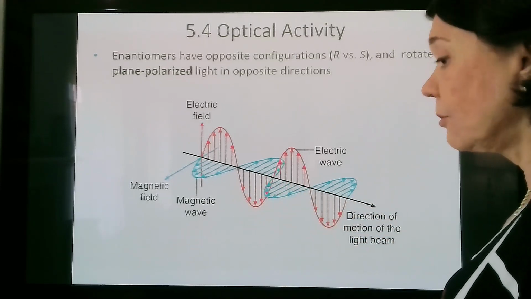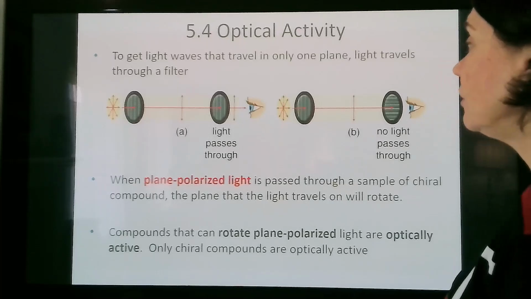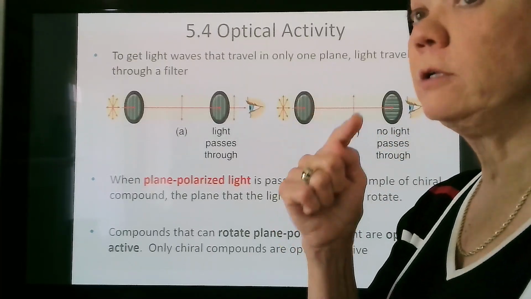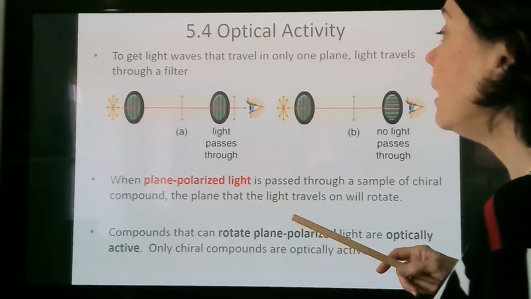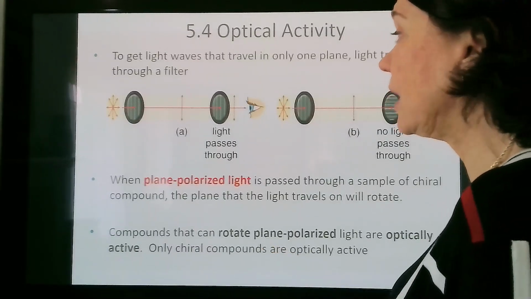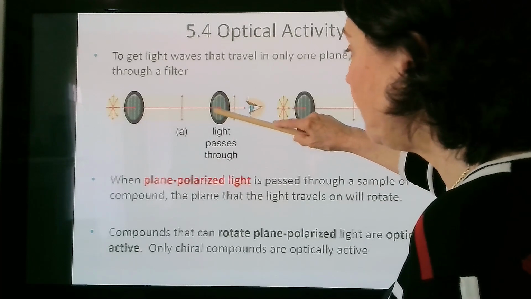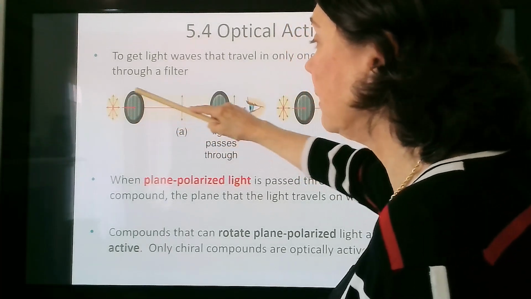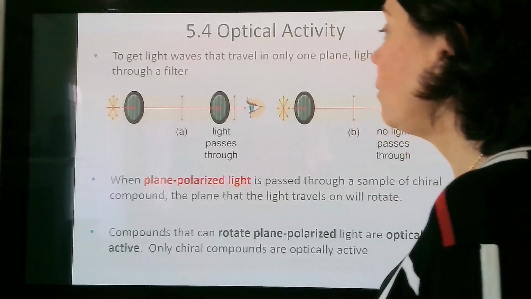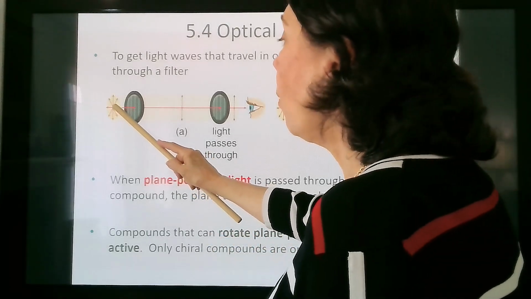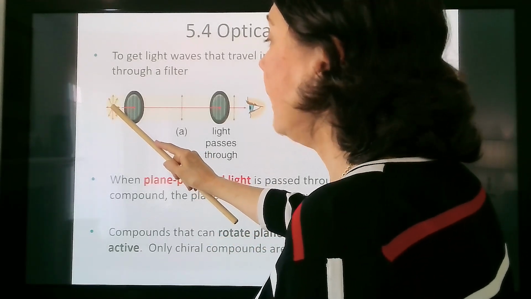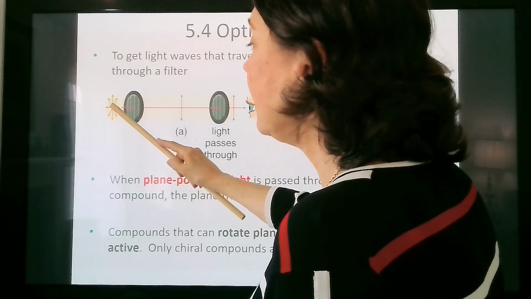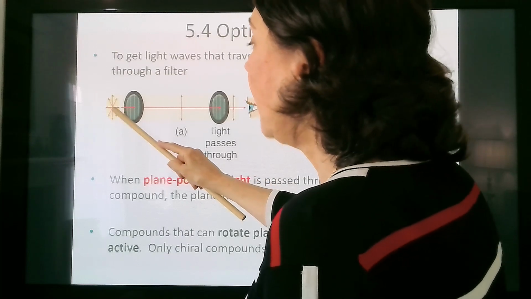So here's another drawing that shows you better what I'm going to demonstrate for you. If you have polarizing lenses, and this would be a polarizing lens, and this is a polarizing lens. And so this would be your unpolarized light source over here. And see how it shows these in all different planes.